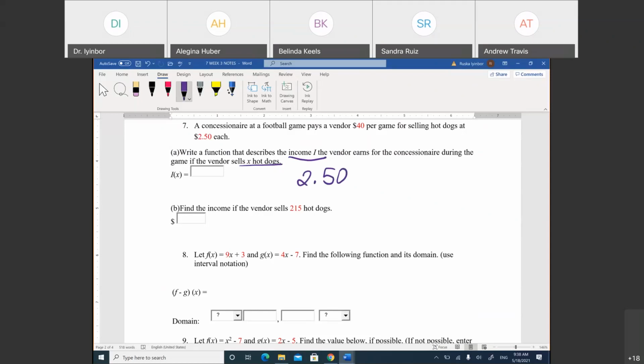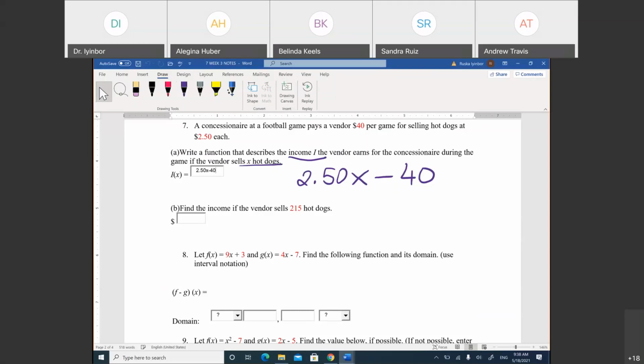So 2.50x, yes, that's it. So 2.50x is your income, right? But you also have to pay $40 per game, for each game. So what are you doing with that $40? Are you going to add it to the income or subtract it from the income? Subtract it, that's right. You're going to be minus 40 because you're paying. So that's your function. That's what you're going to put in the answer box: 2.50x minus 40. Okay, that's it.